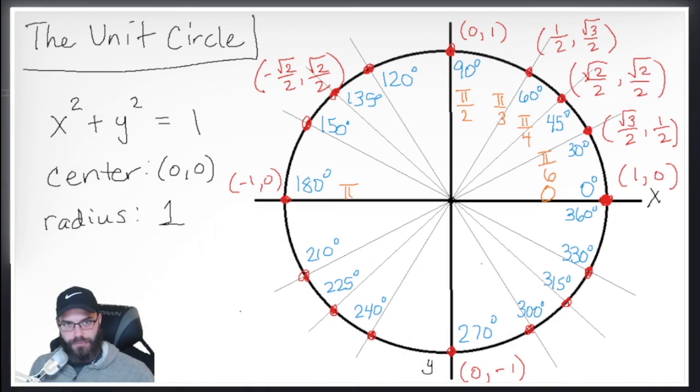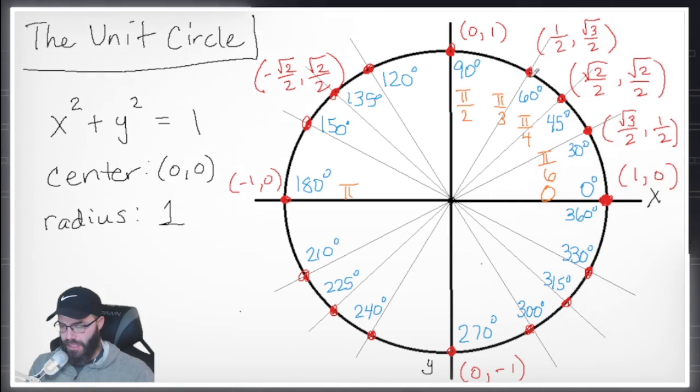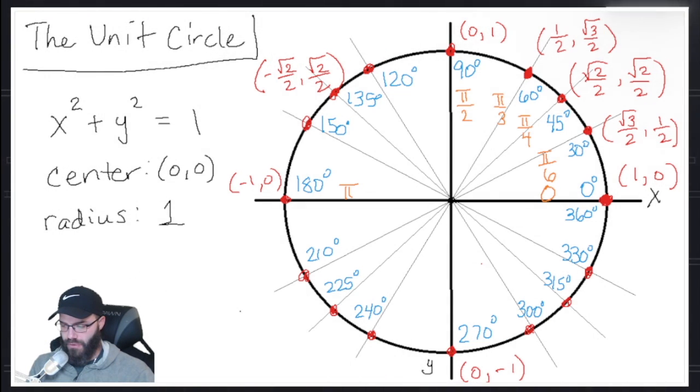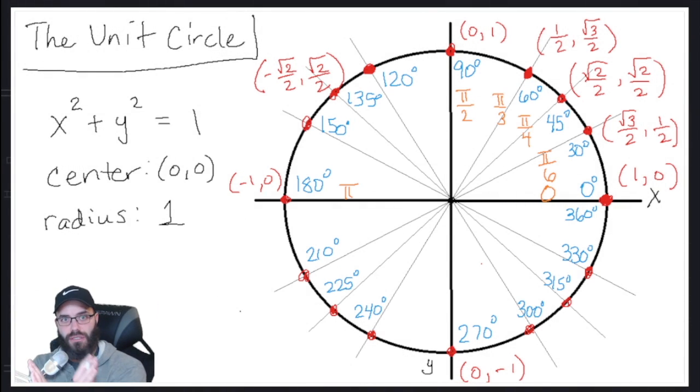All right, and then, like I said, you can use symmetry and find the other coordinates for the other quadrants. So in other words, since 60 degrees is 1/2 root 3 over 2, 120 degrees, which is in terms of coordinates, that's the reflection across the y-axis.